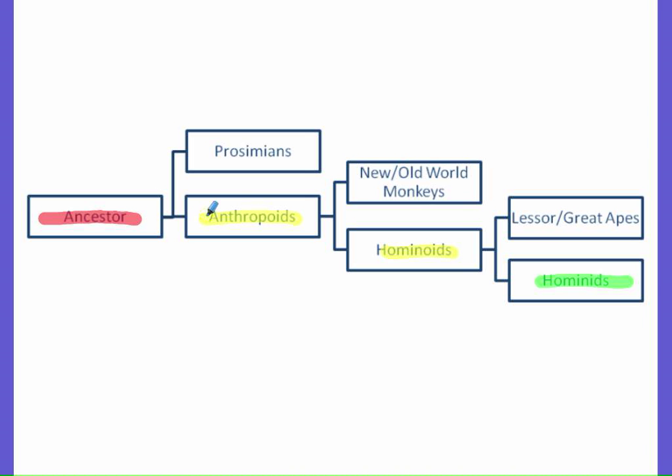They're just groupings of primates. So all of us go back to that ultimate ancestor, but then there's this first branch that comes off, those prosimians, from the anthropoids. Anthropoids include us, monkeys, lesser and great apes, but the prosimians, like the tarsiers, lemurs, things like that, they have their own branch. They separate from us at that point.